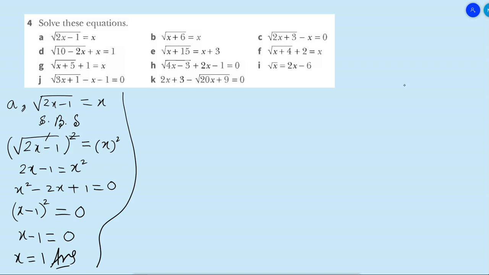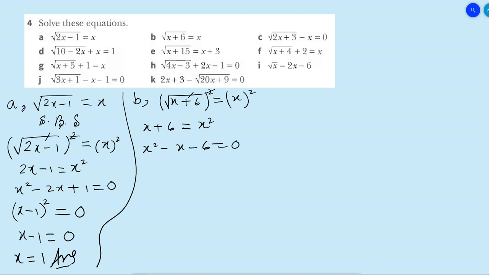Come to part B. Part B is square root of x plus 6 is equals to x. Again you are seeing a square root, so squaring on both sides. Square and root cancel. x plus 6 is equals to x square. Then x square minus x minus 6 is equals to 0.